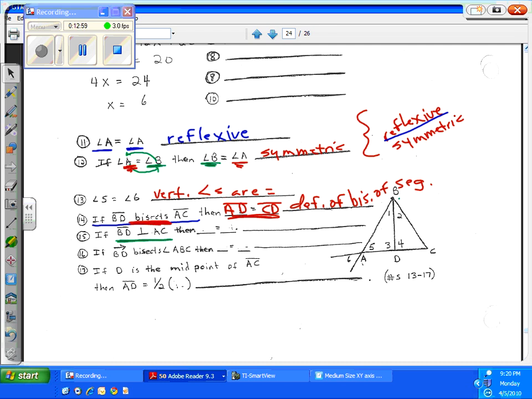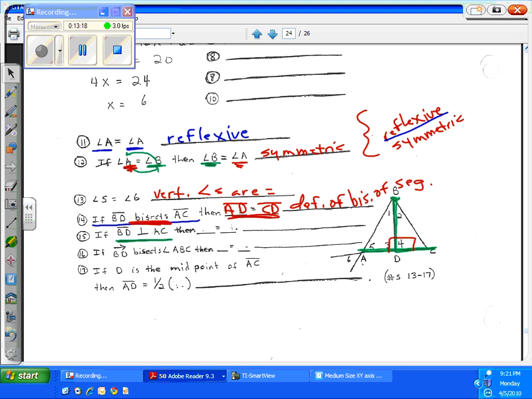Next statement, it says that BD is perpendicular to AC. Perpendicular lines are two lines that intersect to form equal adjacent 90-degree angles.